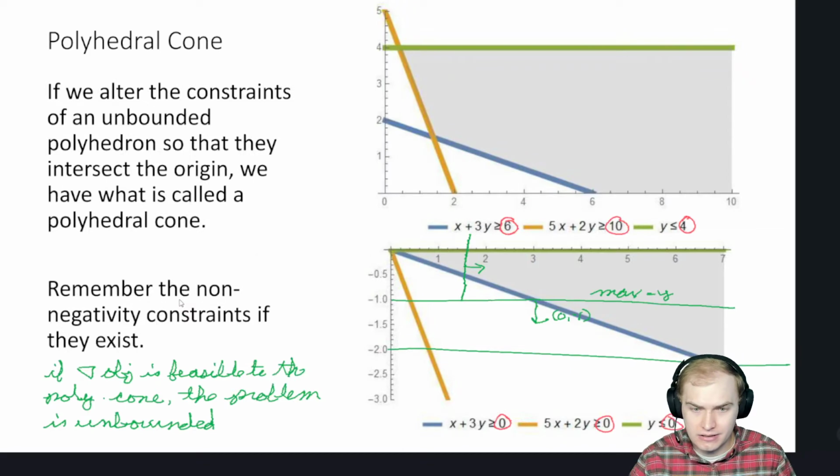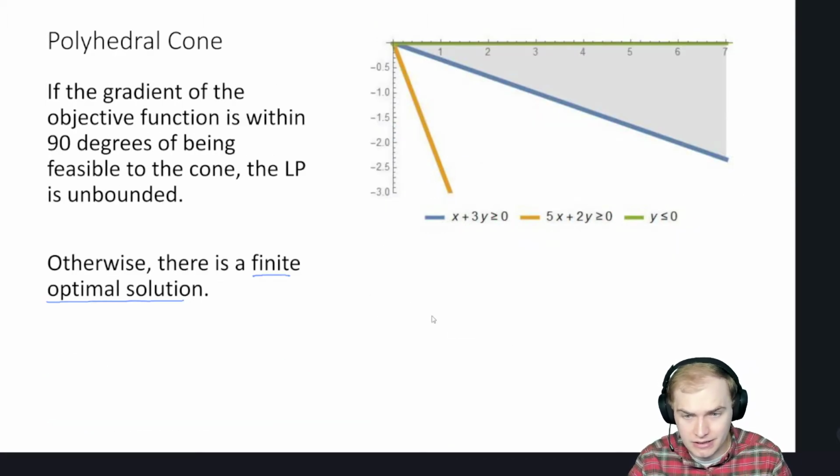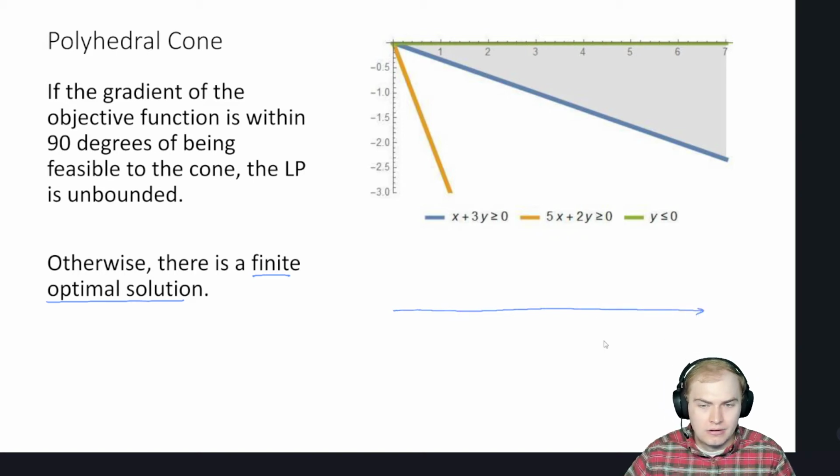Now, I didn't include non-negativity constraints in this problem just because the cone drops down like this. But if we had non-negativity in this problem, the polyhedral cone would just be the positive x-axis.